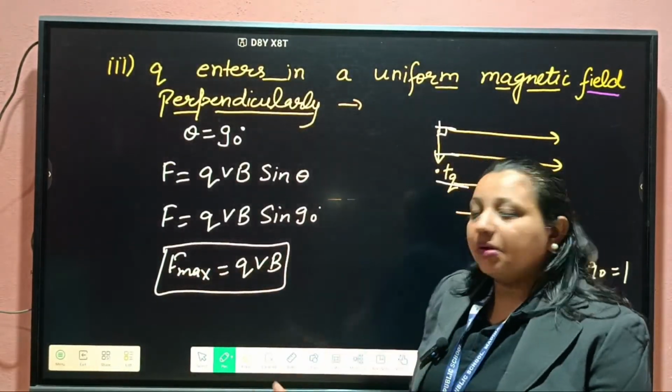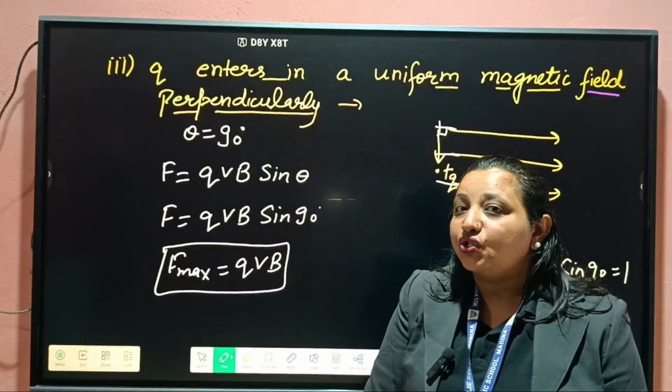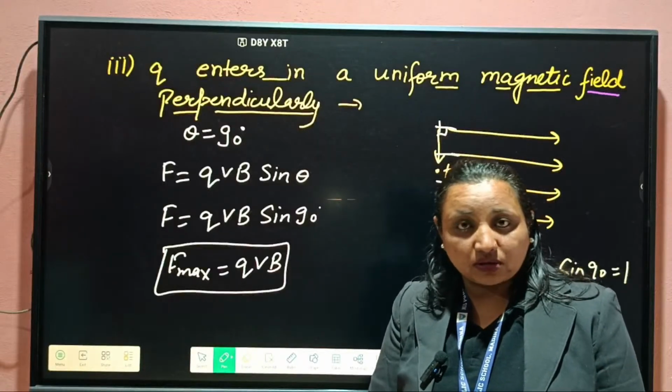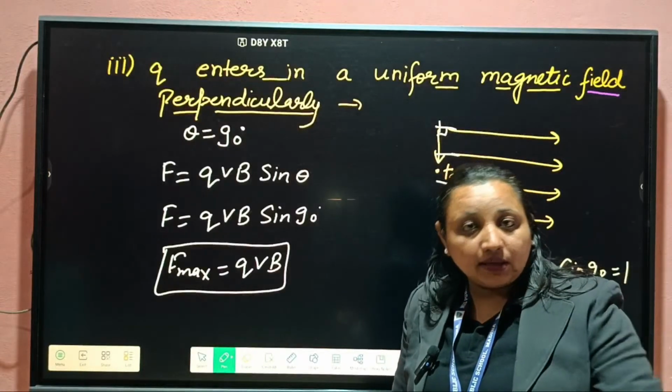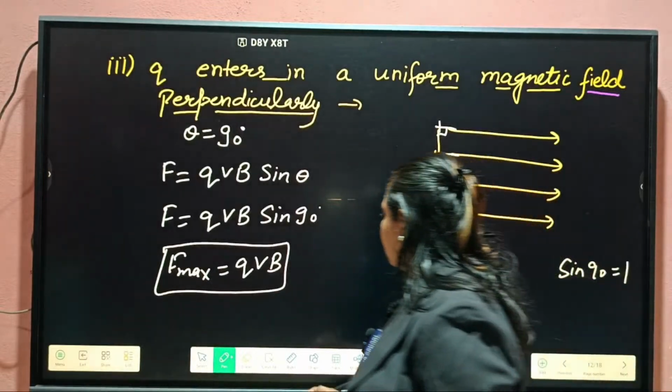This maximum magnetic force provides that charged particle the necessary centripetal force. That's why it starts moving in a circular path. Okay?